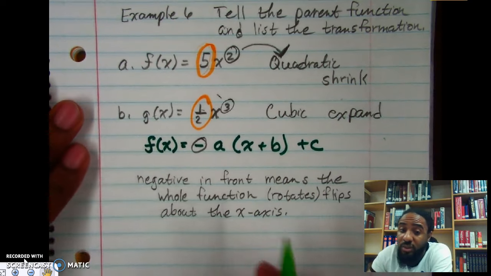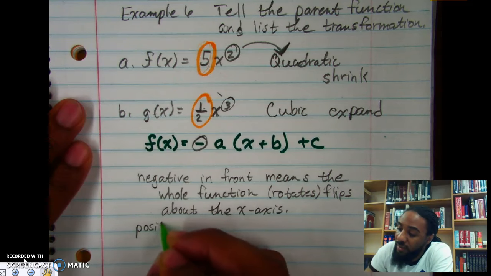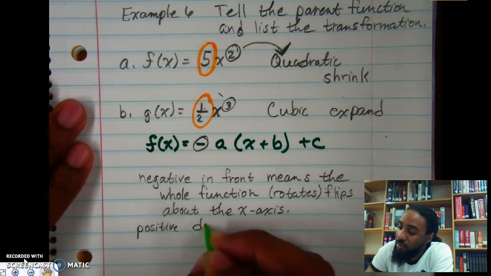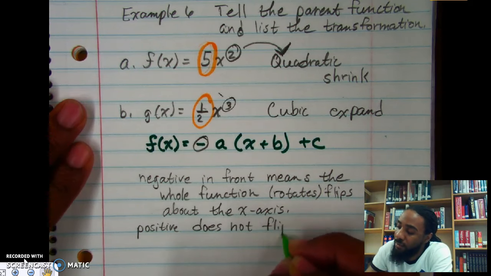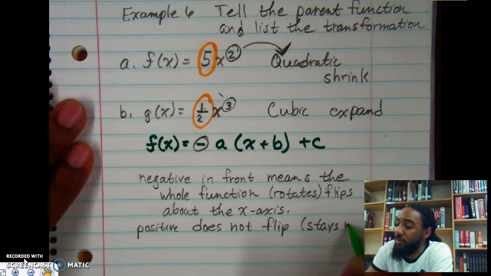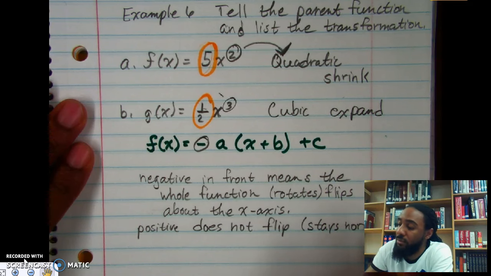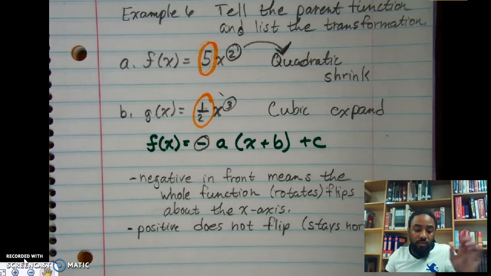Same as normal. Doesn't flip at all. So positive does not flip. It just stays normal. So negative flips, positive stays normal.